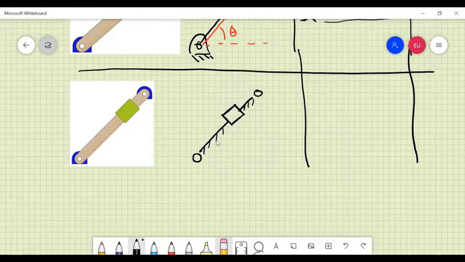Now I need to propose again a vector to mathematically represent whatever I'm looking at here. So the vector will be that one. And for that vector, I need a magnitude and I need an orientation.